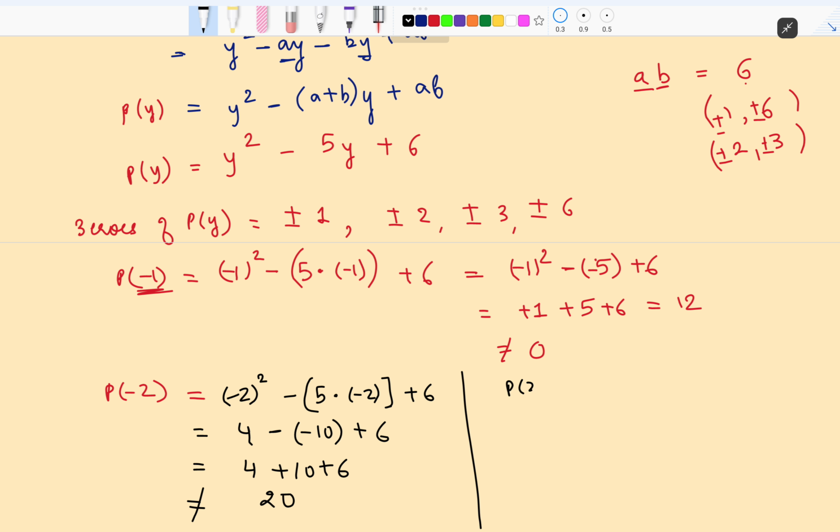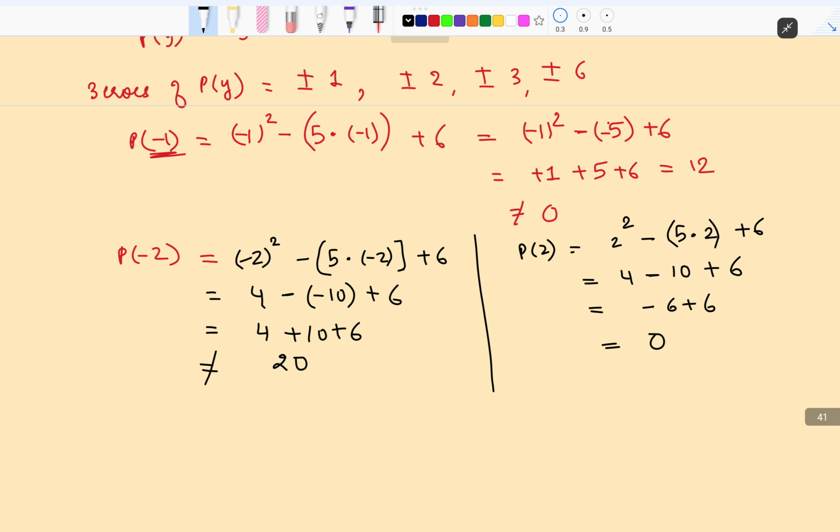Let's take P of 2. It will be 2 square minus 5 times 2 plus 6, 4 minus 10 plus 6, minus 6 plus 6. So P of 2 is equal to 0. So 2 is one of the zeros of P of y.